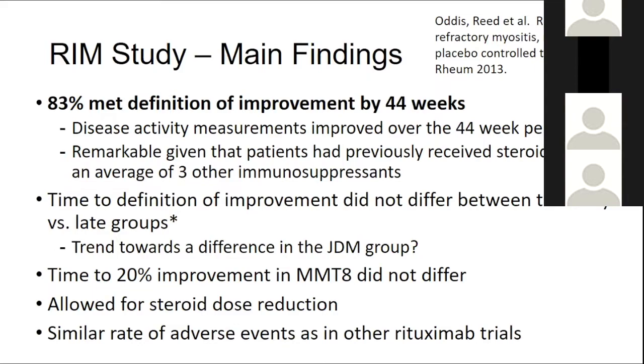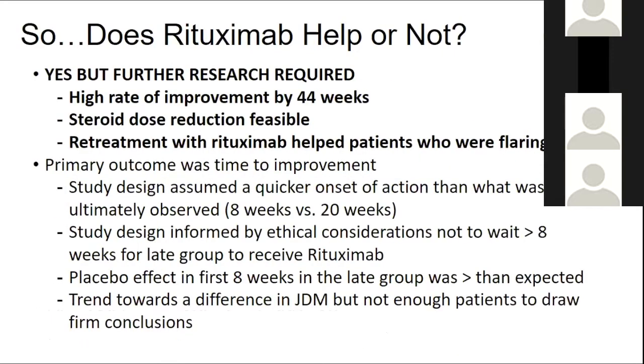So even though the RIM study was negative, there were a lot of good things that came out of the study, and we actually felt that rituximab did help the patients who received it. So we feel as rheumatologists that rituximab is a helpful medication in myositis. It did allow patients to reduce their dose of steroids, and many patients in the study improved with the medication.